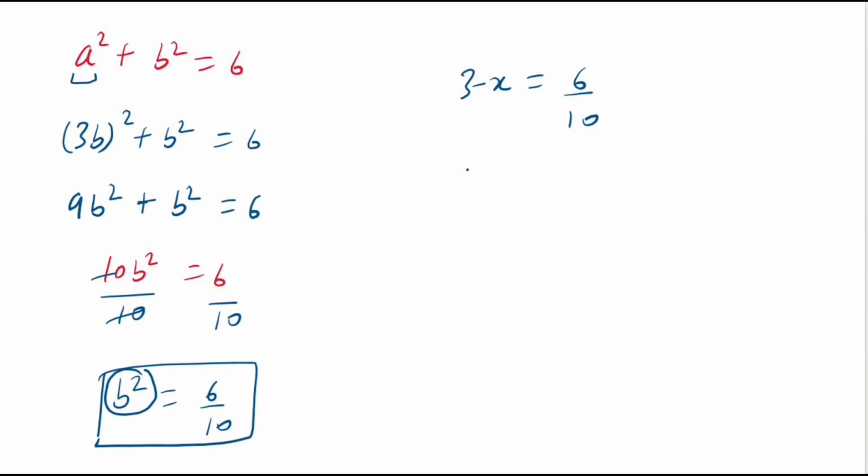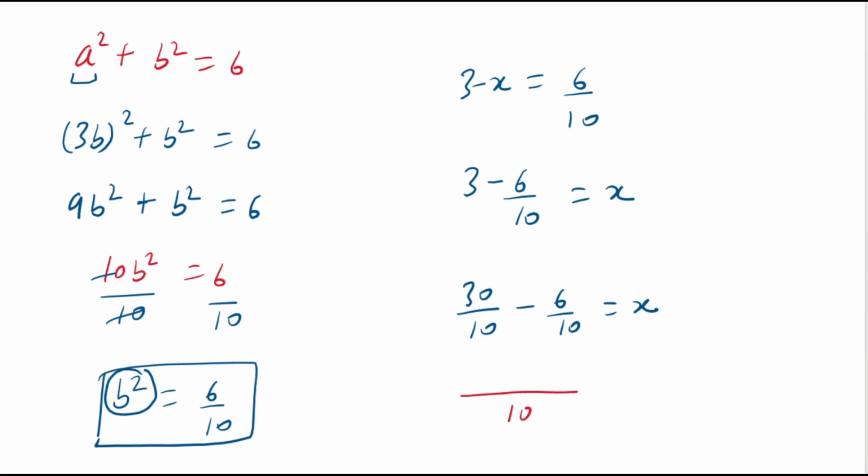Now 3 − 6 over 10 = x, then this 3 is the same as 30 over 10, minus 6 over 10 equals x. On the left-hand side we have like fractions, so the common denominator is 10 and the difference of the numerators is 30 − 6, equals x. So x = 24 over 10.